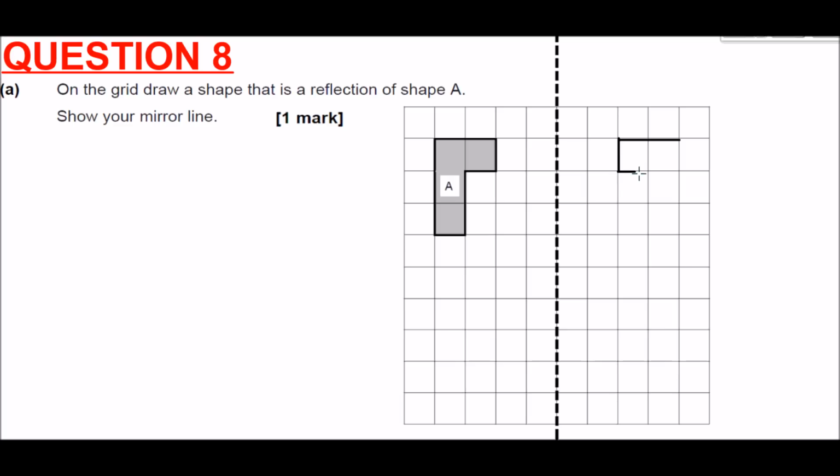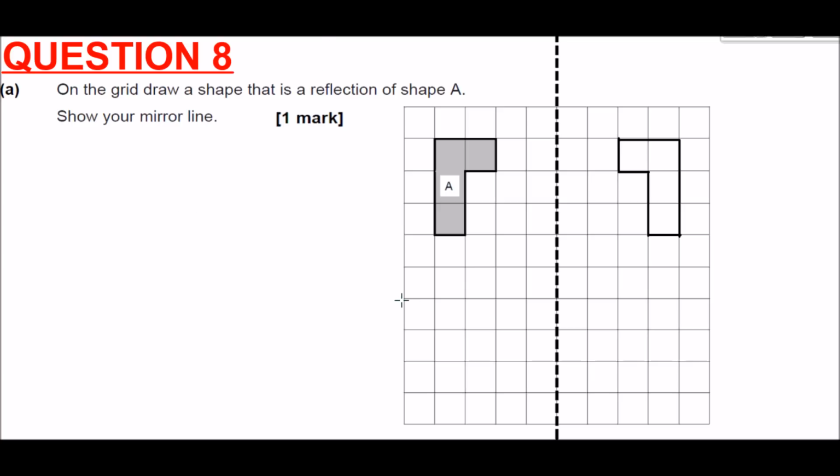Just completing this idea, what you'd have is a shape completed like this. Now I'm not saying your mirror line has to be here, but if it were, that would be one possible valid option. I'm going to show you just one more option which would be allowed.